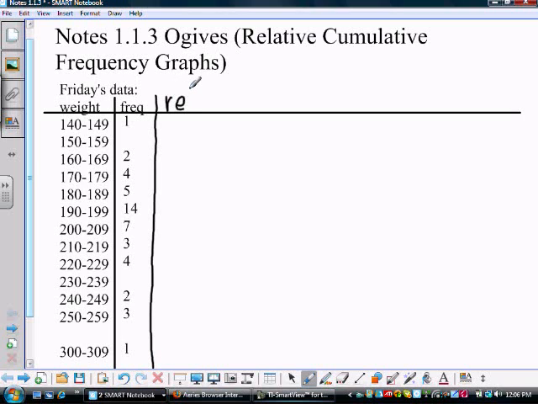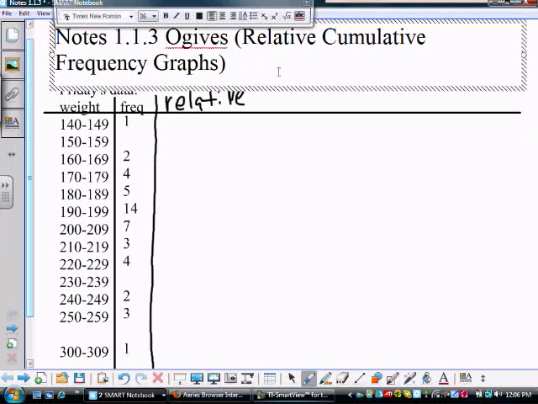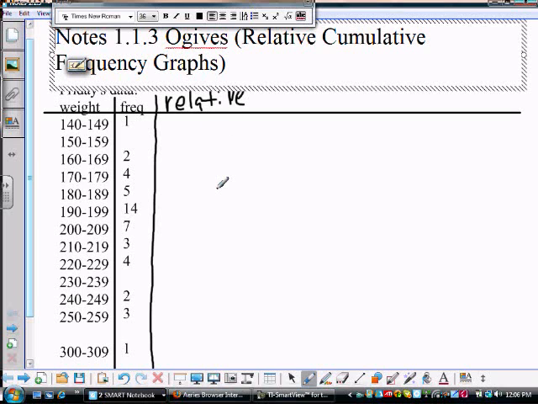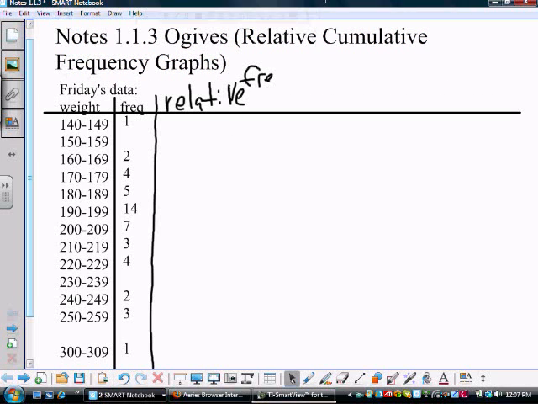We'll do a relative frequency. A relative frequency would be a percentage.